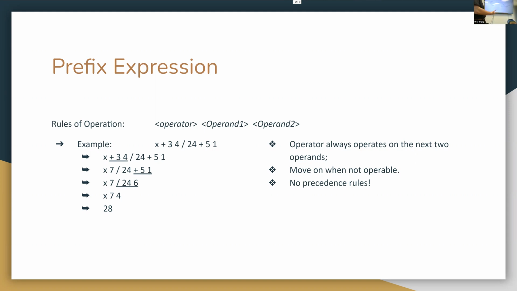In that case, we can resolve that immediately, which gives us 7. And then what else do we have? Plus 5, 1. We can resolve that immediately. We get a 6.